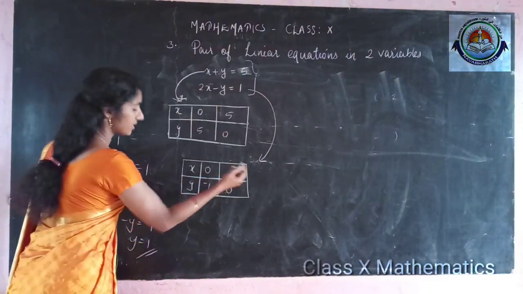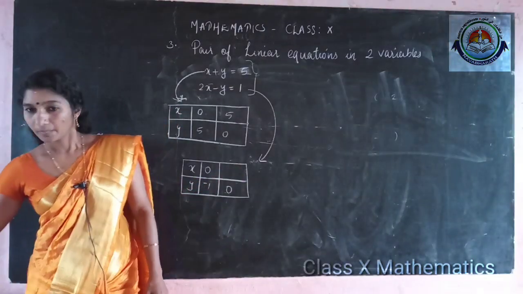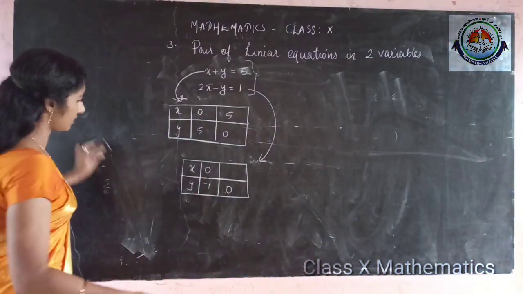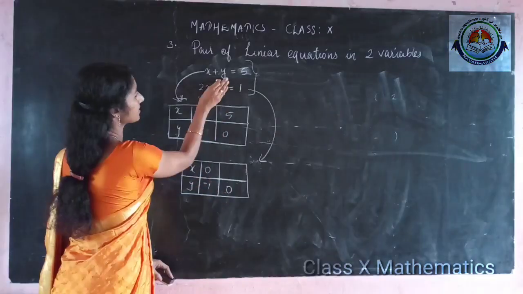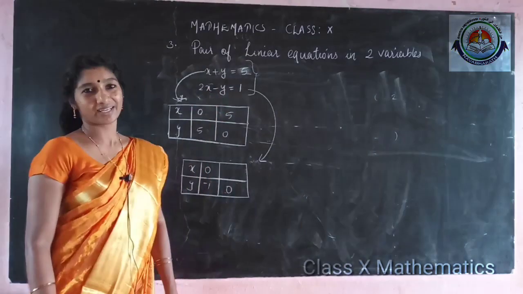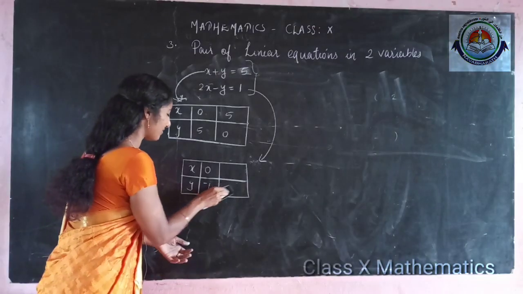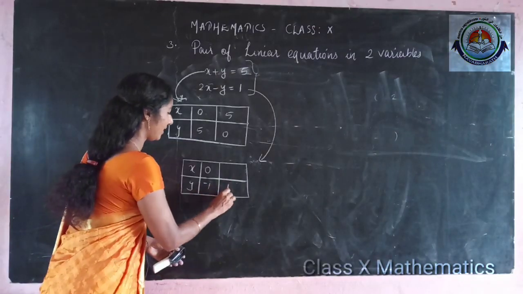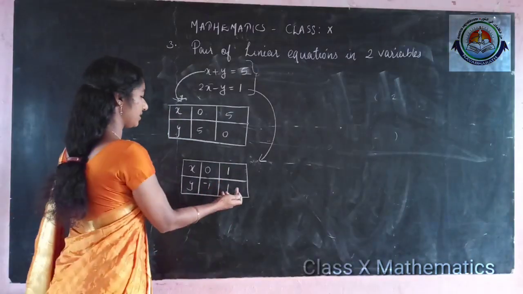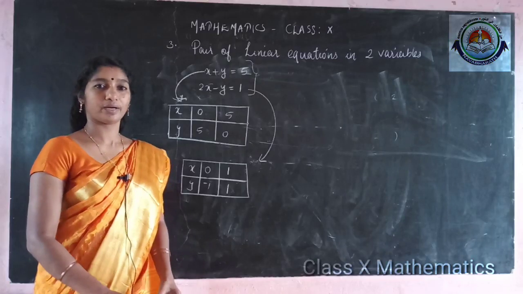One solution is (1, 1). If we take y equal to 0, then 2x equals 1, or x equals 1 by 2, which is a fraction. So it is better to use x equal to 1, y equal to 1, easier than a fraction. Or write y equal to 0 and x equal to 1 by 2.